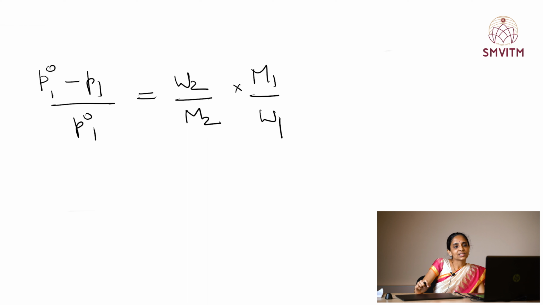Okay, so all the masses here on the right hand side are in, remember, grams, is it not? And the left hand side term is a unitless quantity, is it not? So, this is the first formula. The superscript naught stands for the pure solvent.